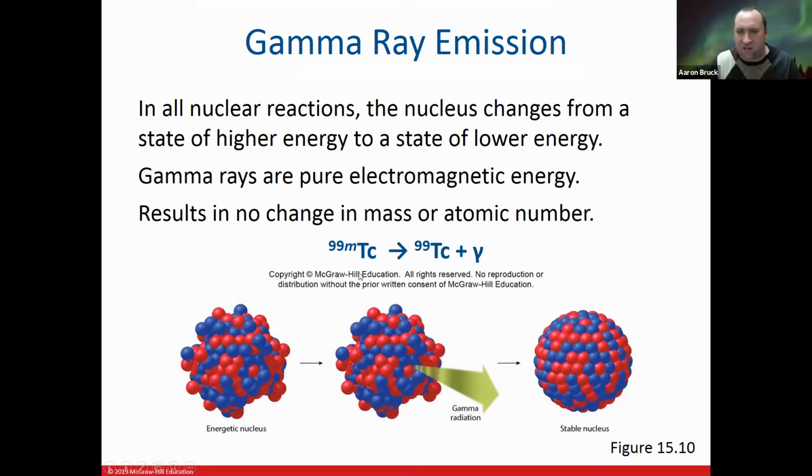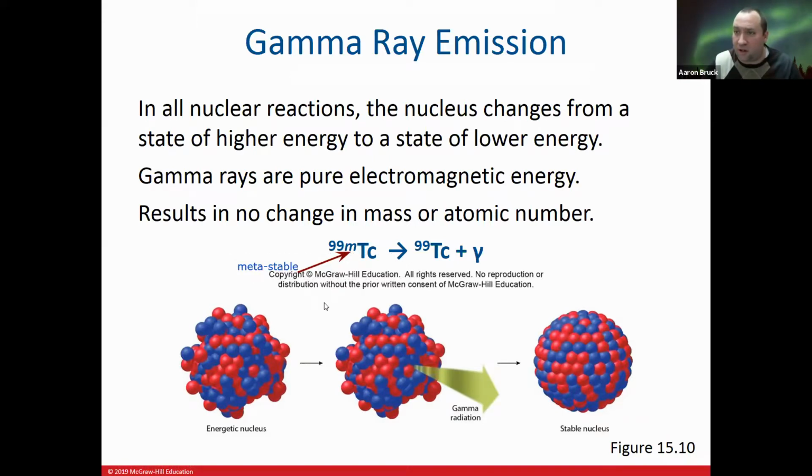There is no mass change. There is no atomic number change. All that we are seeing is a metastable, that's what that M stands for, a metastable nucleus transitioning to a more stable nucleus.